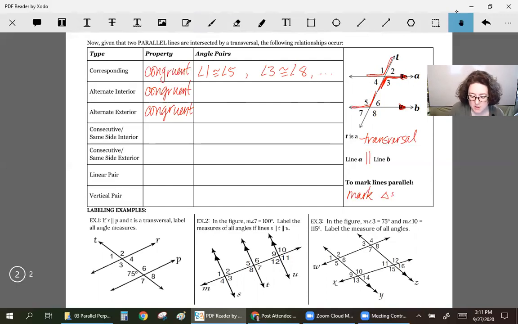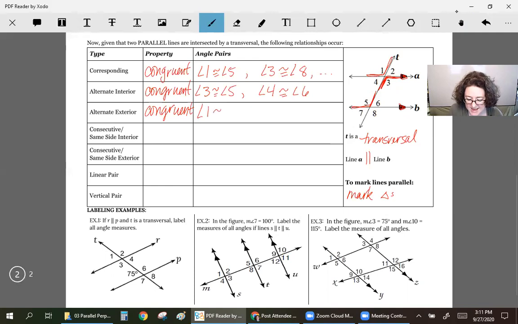Alternate interior, we could use angle 3 and angle 5 are congruent. The only other pair that we have on this diagram, though, is angle 4 and angle 6, which are congruent to each other. Because we don't have extra transversals, we only have those 2 pairs for alternate interior. And it's kind of the same thing for alternate exterior.